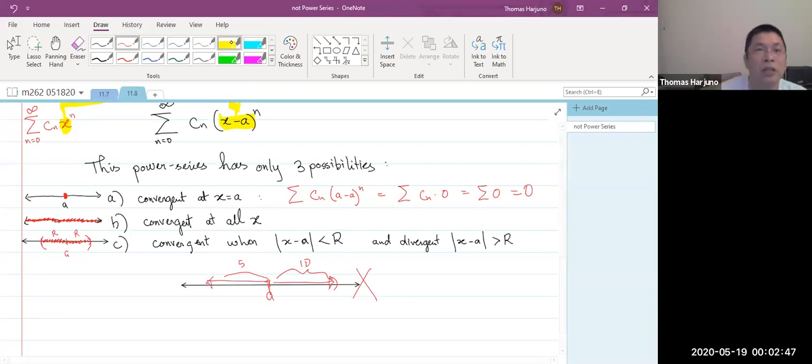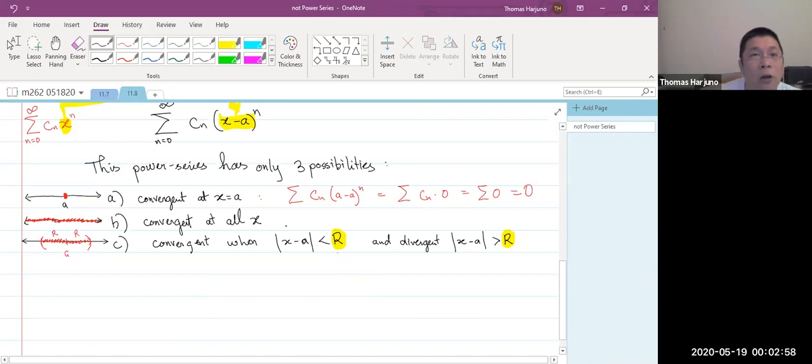Okay, now this r here, later on will be called the radius of convergence. Such r is called radius of convergence.